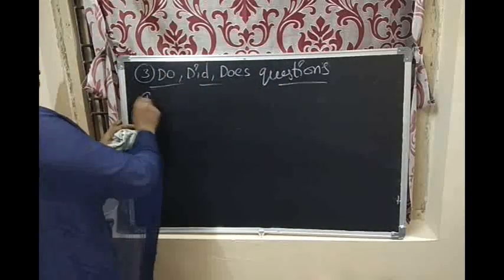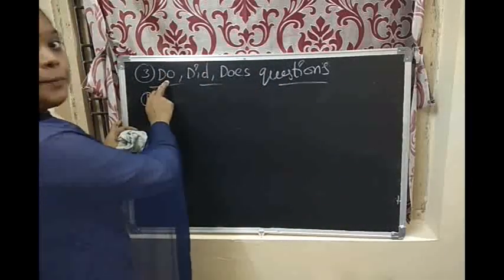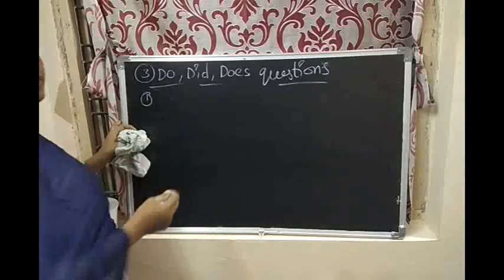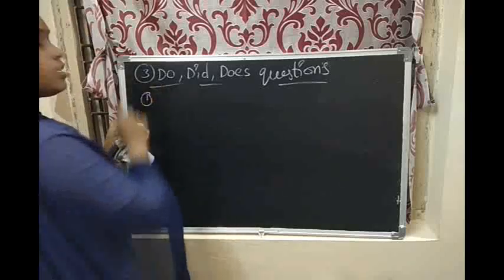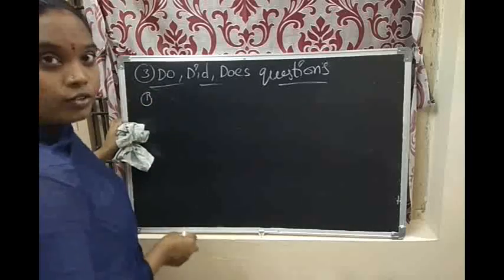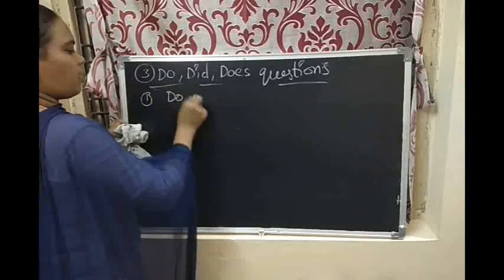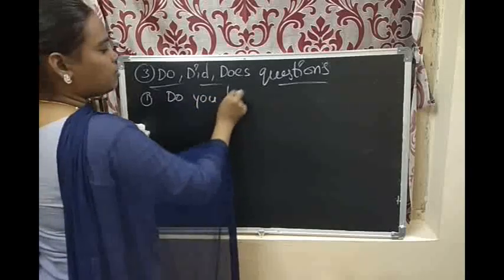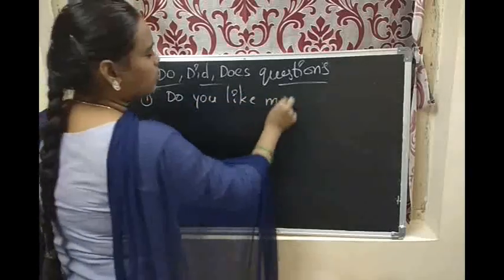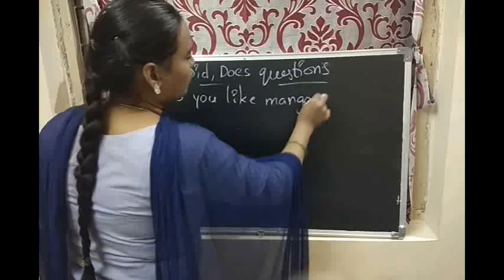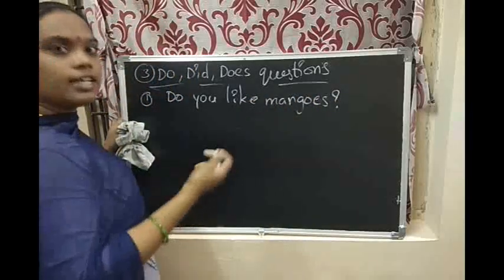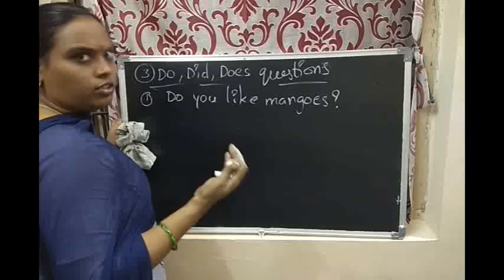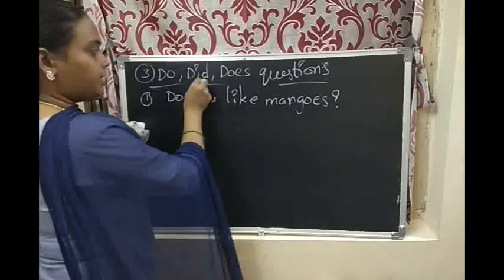Here, dear ones, do is used in the present tense. For example, in the present tense we are asking a question to someone using do. Do you like mangoes? You are asking someone. If they like, they say, yes, I like. Or, no, I don't.